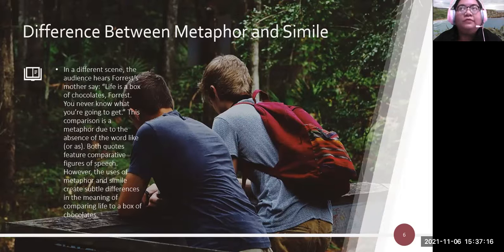So both quotes feature comparative figures of speech, but the uses of metaphor and simile create subtle differences in the meaning of comparing life to a box of chocolates. Very subtle differences, but they are there. One is a metaphor, the other is a simile. That's the basic difference between a simile and a metaphor.